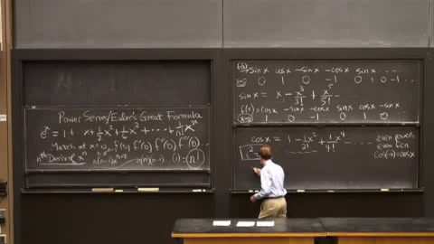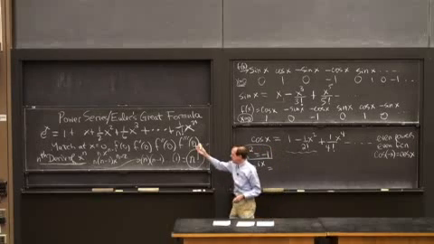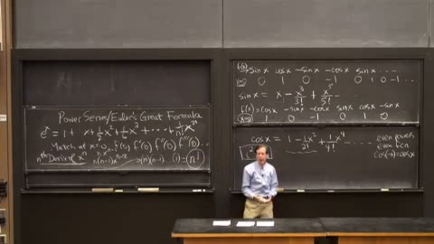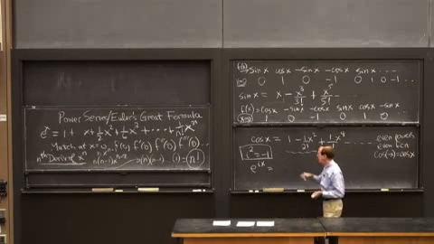So if I take e to the ix, and instead of x in this series, I put in ix, just go for it. Let x be imaginary.